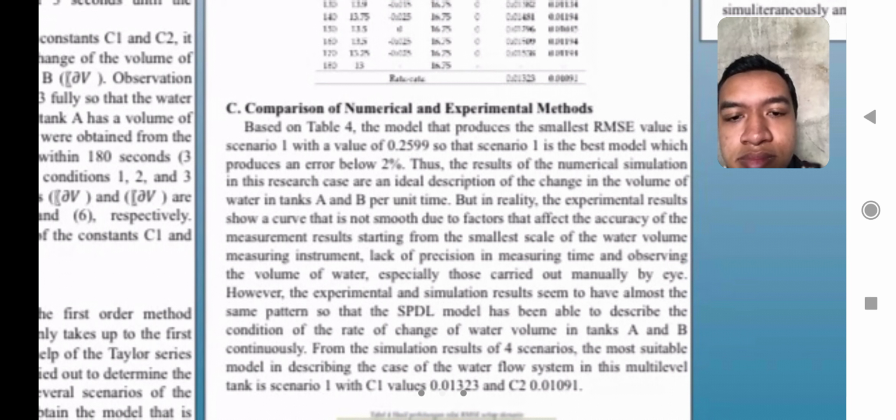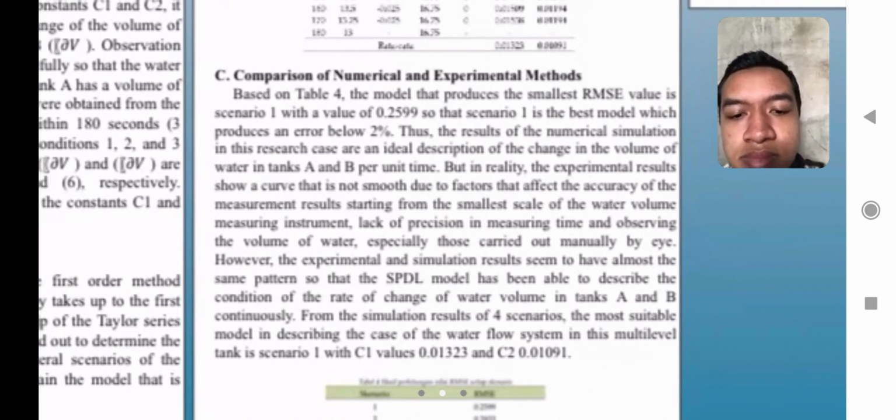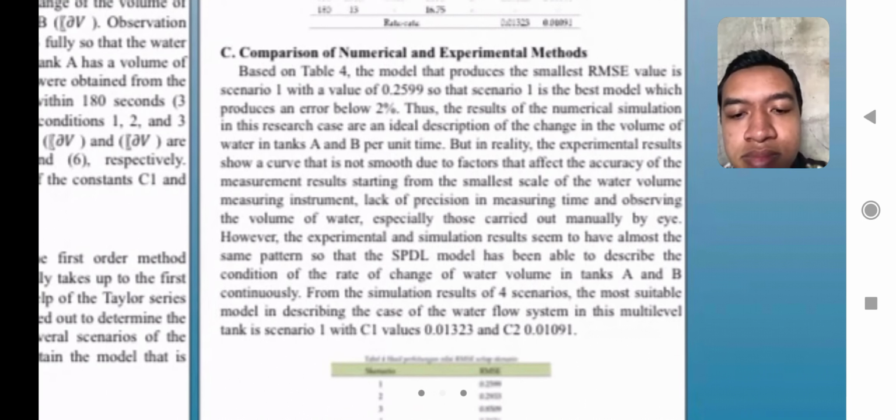So scenario 1 is the best model, which produces an error below 2%. Thus, the results of the numerical simulation in this research are an ideal description of the change in the volume of water in tanks A and B per unit time.